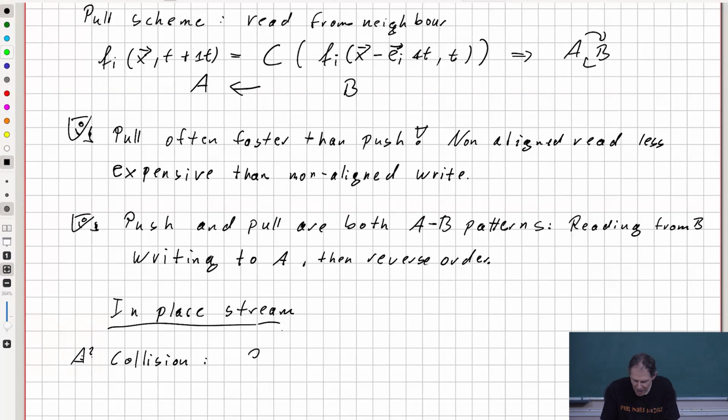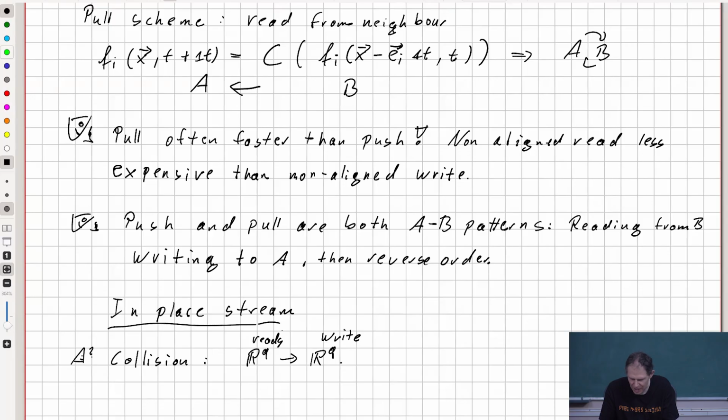The collision has Q reads and goes to Q writes. We always read exactly the same amount of data that we also write.